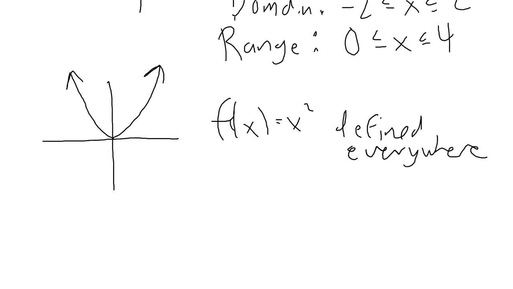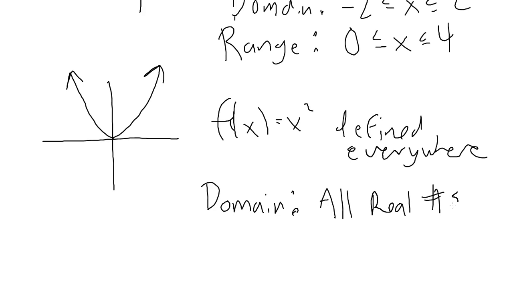So since this function is defined everywhere and we don't have any problems with like a 1 over 0 or a square root of a negative or something like that, then the domain is all real numbers.